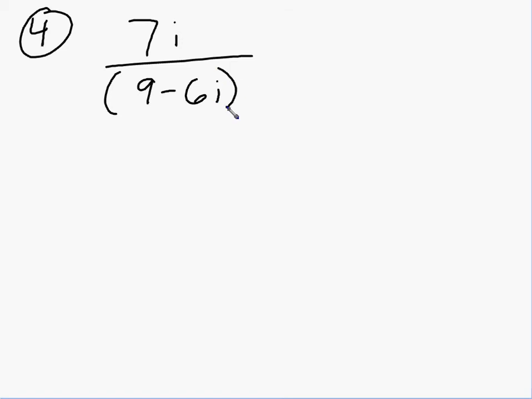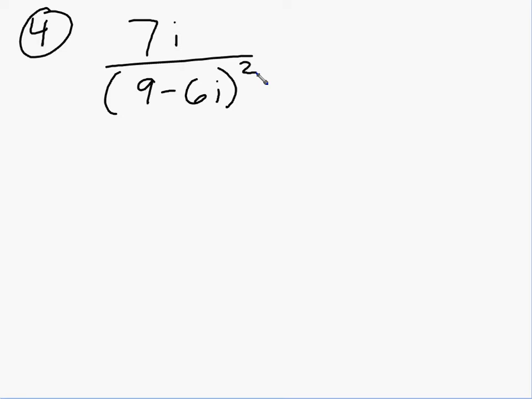All right, the next one refers to our second note that I wrote a second ago. 7i over the quantity 9 minus 6i, squared. You remember the second note I gave you said if there's an operation in the denominator, do that first. So you don't want to multiply by 9 plus 6i right here. It just won't work.